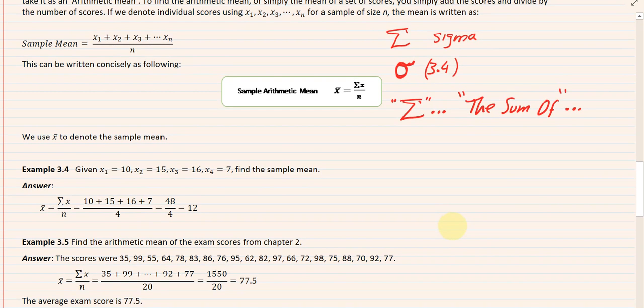We add them up one by one, and the total gets divided by the sample size of 20. The total, 1550 divided by 20, makes it 77.5. Now, for this data set, the median also was 77.5, and this is pure coincidence that this happened in my case.